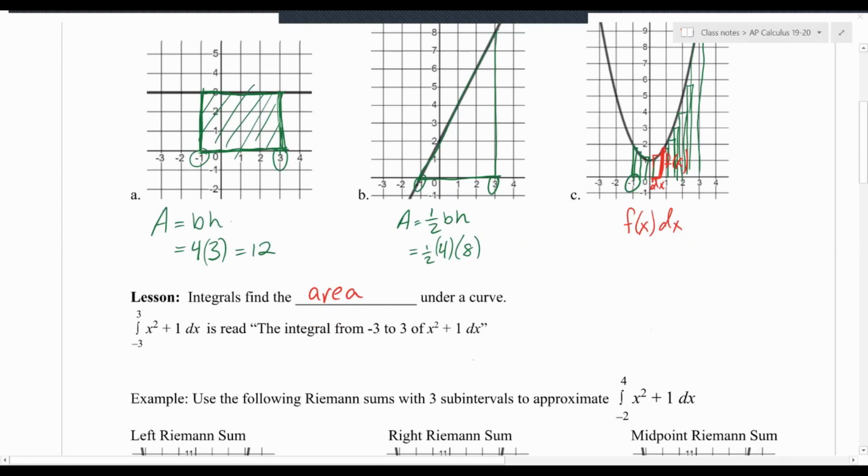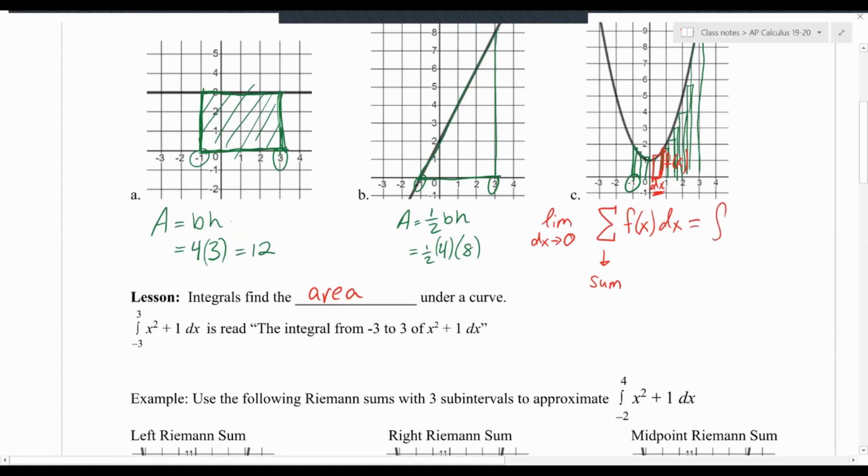And if we sum all of these tiny rectangles, this sign means sum, and we make this dx infinitesimally small, so the limit as dx approaches 0, we would get the actual value of the area under the curve.